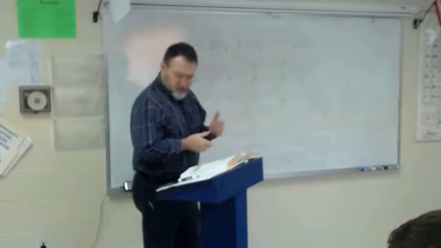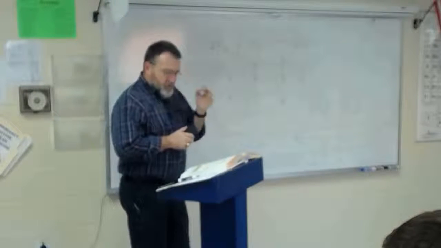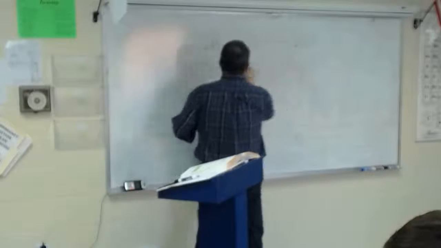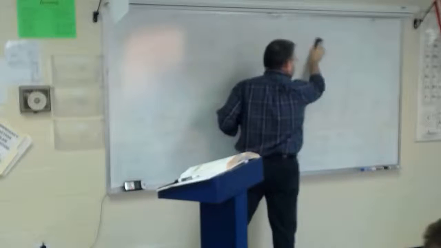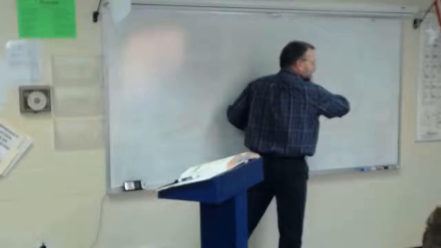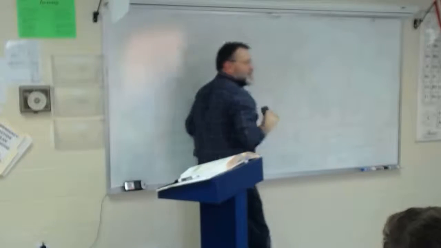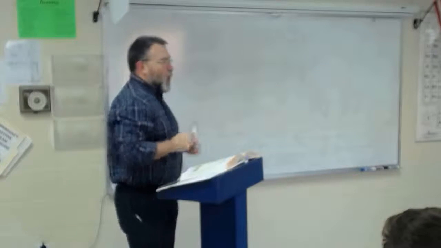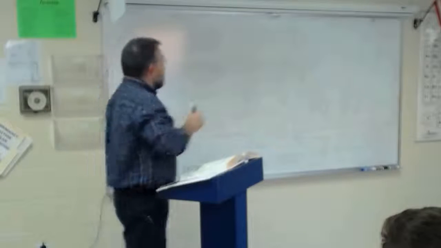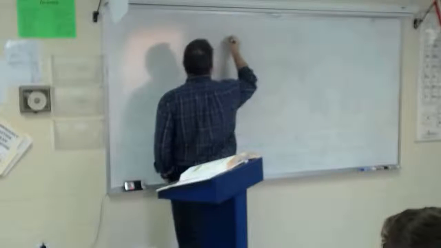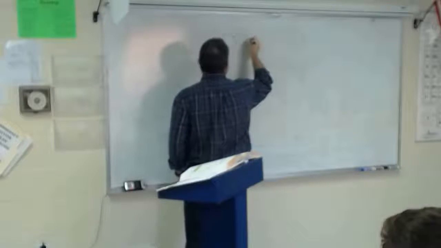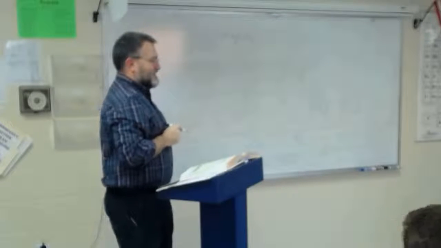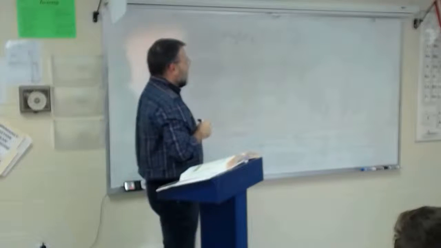Example 7.2 on page 249 asks to write the chemical equation for the formation of magnesium with CO3. What is the polyatomic ion CO3? Carbonate.